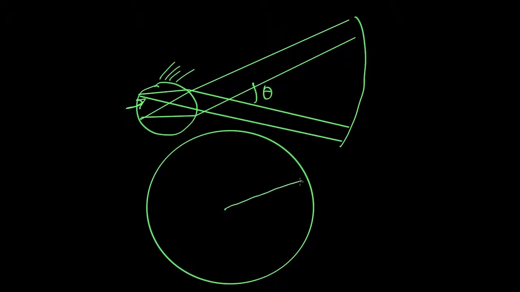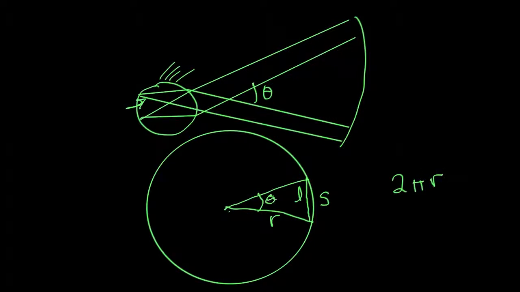So when I look at an object here of an angle theta, or some size, we have an arc S of the circle, or a length L. And you can see L and S are not exactly the same. We'll come back to that in a second. The circumference of a circle is 2 pi times r, which is the distance from me to the edge of the circle. So that's 2 pi r.